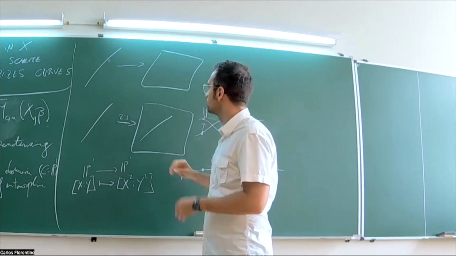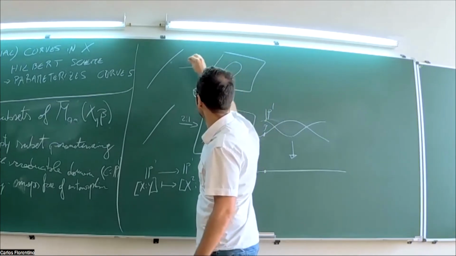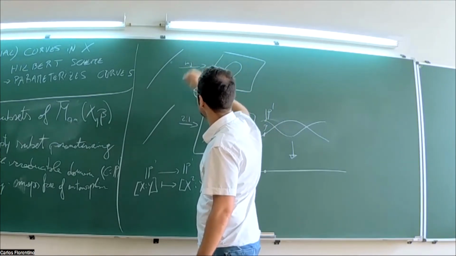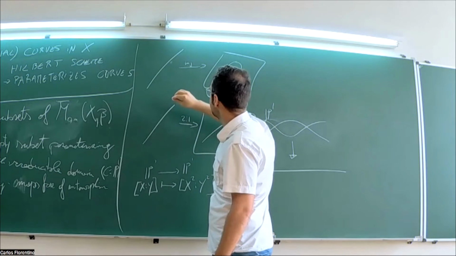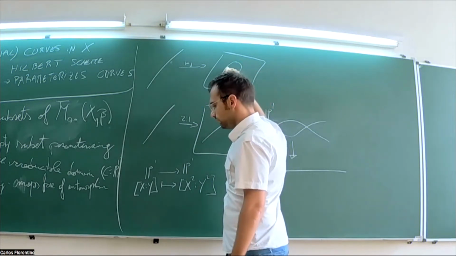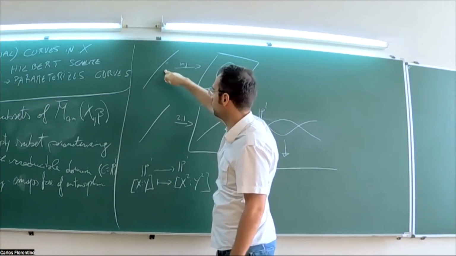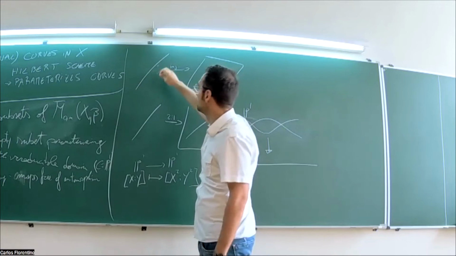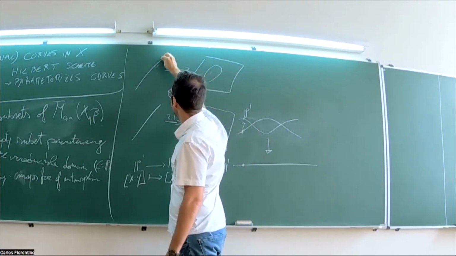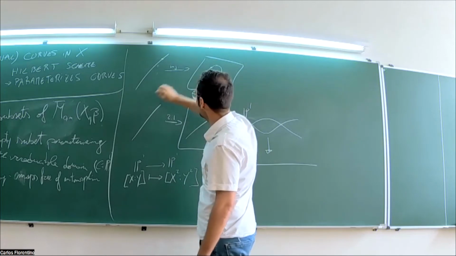Why that? Suppose the map is injective. An automorphism of this stable map, what will it do? Imagine I have a point that's sent to this point.